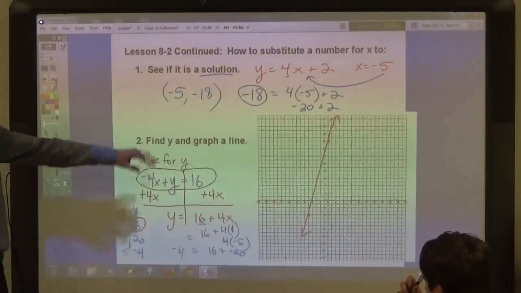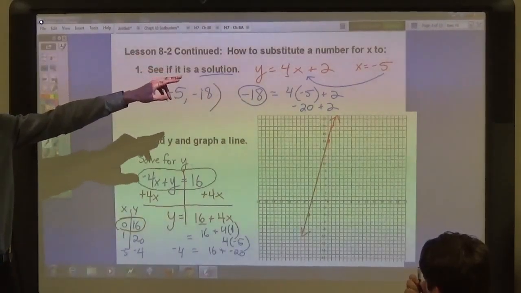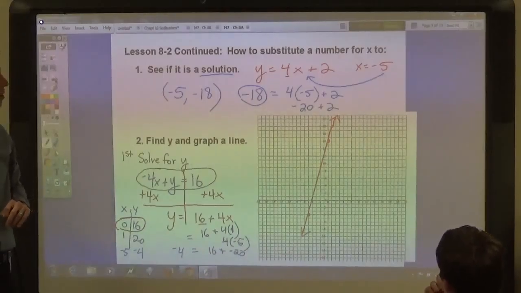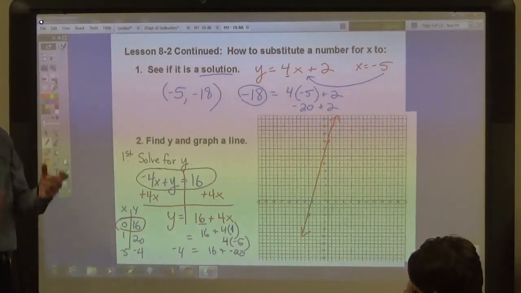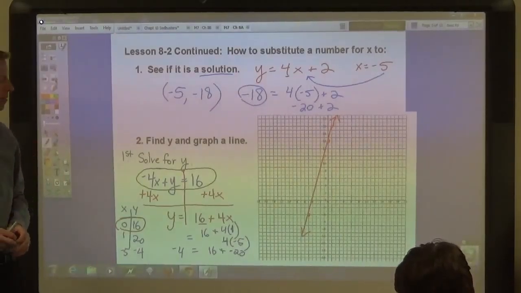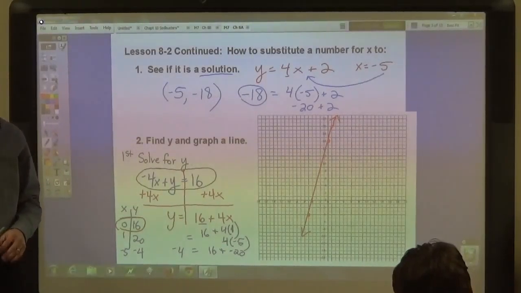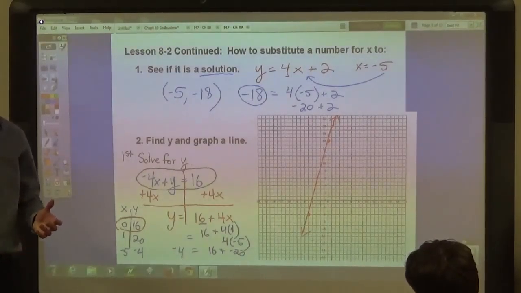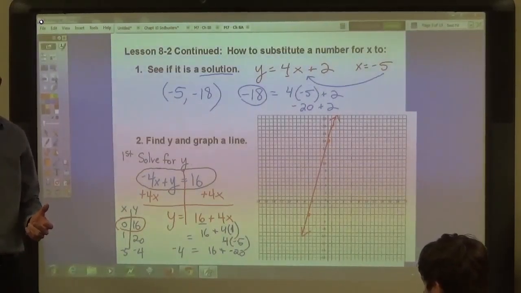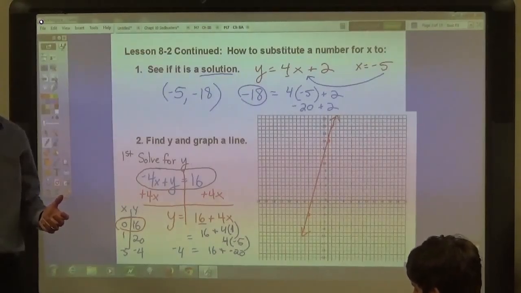Okay, or what does this say? How to substitute a number in for X. What if you have both numbers, X and Y? Dylan? Then you substitute both and see if it is true.